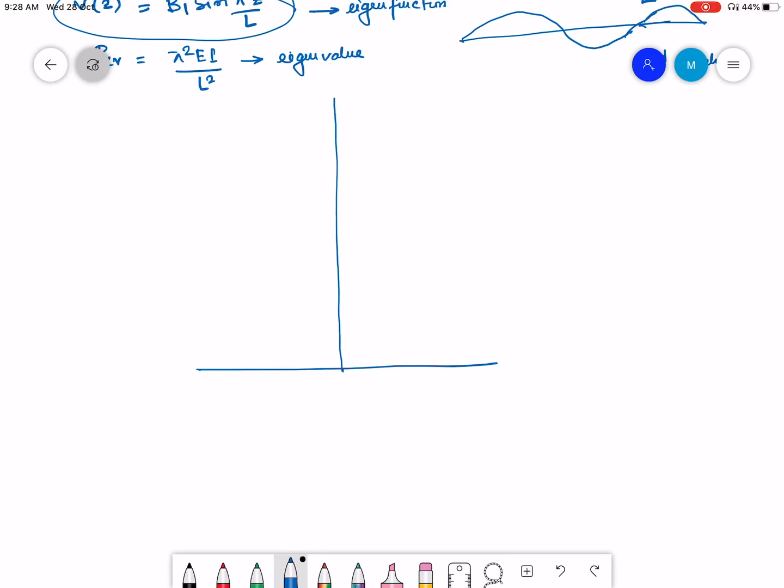So let us call this Vz, and this is P, the applied axial compressive load, and this is the deformation.